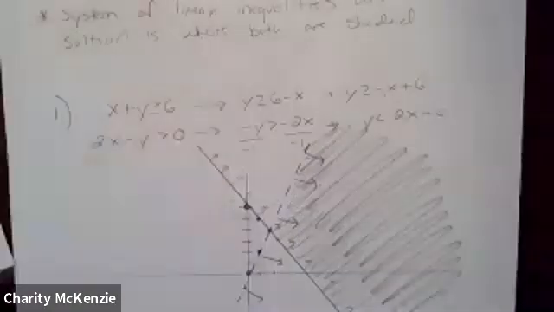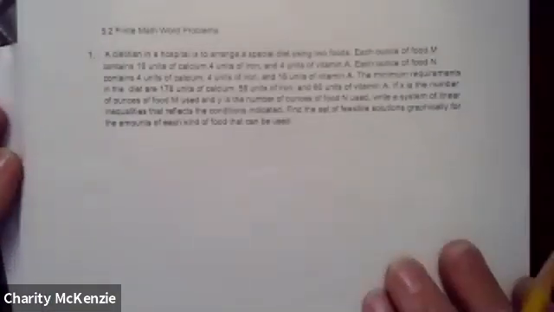So then we're going to have one that has not just 2, but 3, and it also is a word problem. Okay, so a dietitian in a hospital is to arrange a special diet for 2 foods.